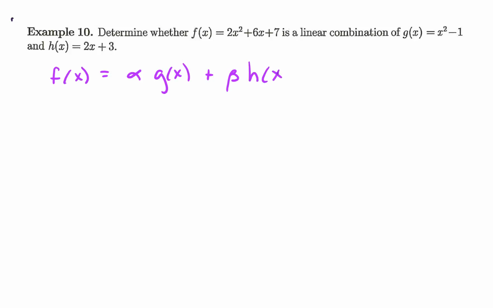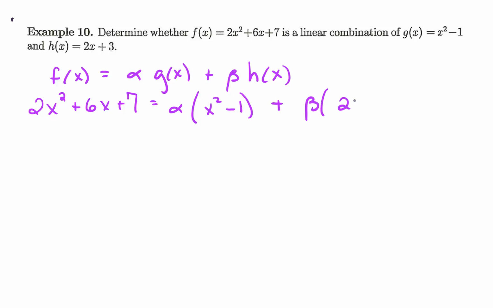And you could use any scalars you want. So the question is, can we write 2x squared plus 6x plus 7 as some scalar multiple, alpha times g, plus some scalar times h?